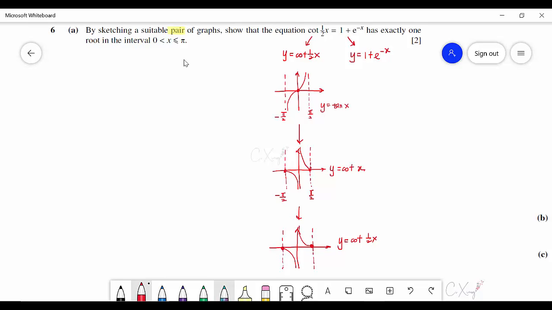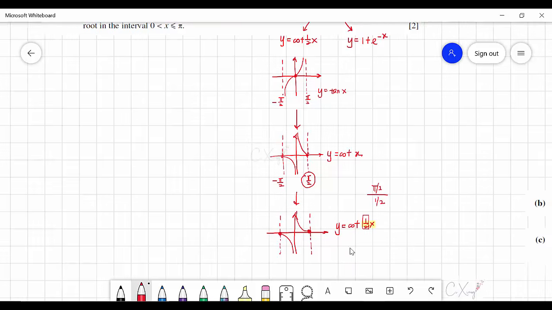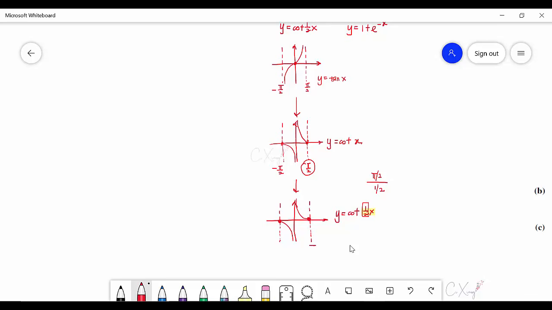Since we are now having cotangent half x, for the original value of pi over 2, you need to divide it by half. So the original value for x is pi over 2, and you divide it by half, and therefore the new value for this asymptote, I shouldn't say asymptote, it should be the line, x equals 0 is pi, and this will be negative pi.